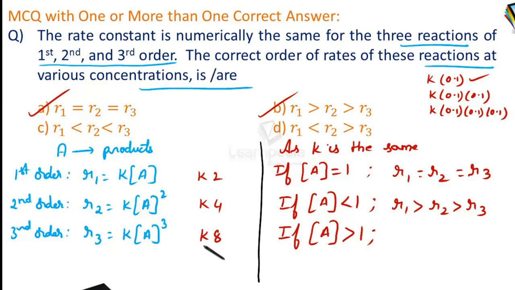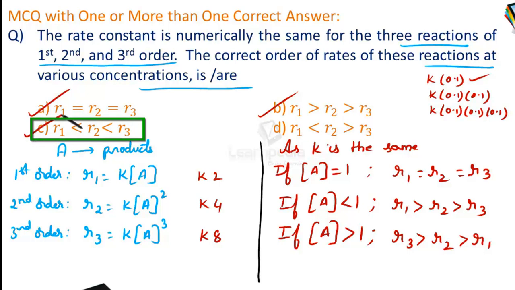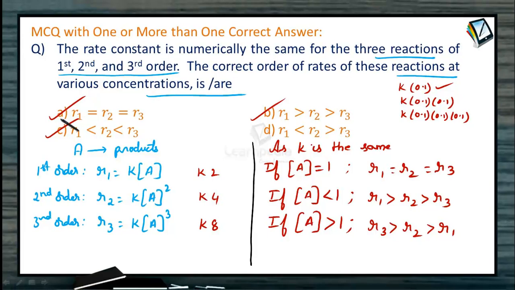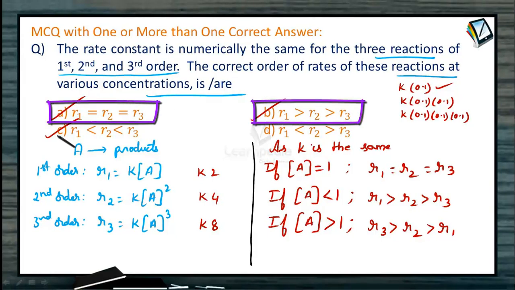It's very clear that here the third rate is greater than R2, which is greater than R1, meaning R1 is less than R2 less than R3. So all these three are correct whenever we take different concentrations. It's clearly mentioned that we need to consider various concentrations of the reactants. So our answer becomes option A, B as well as C.